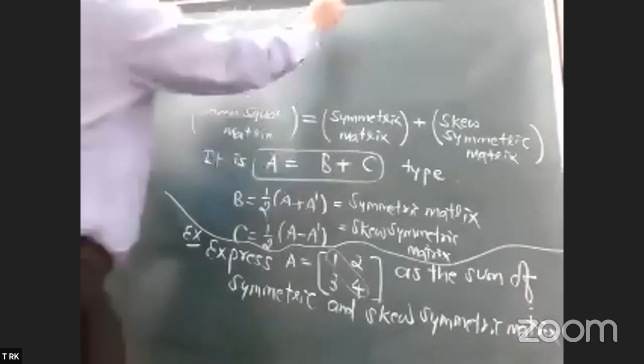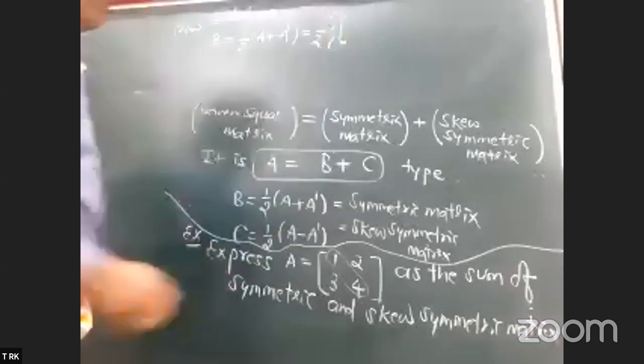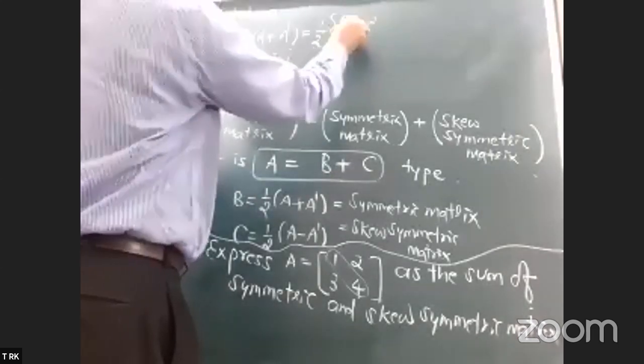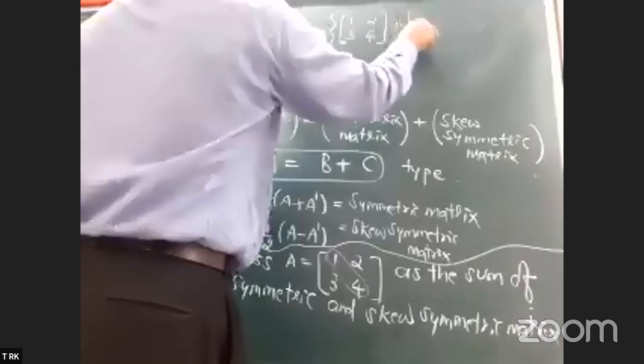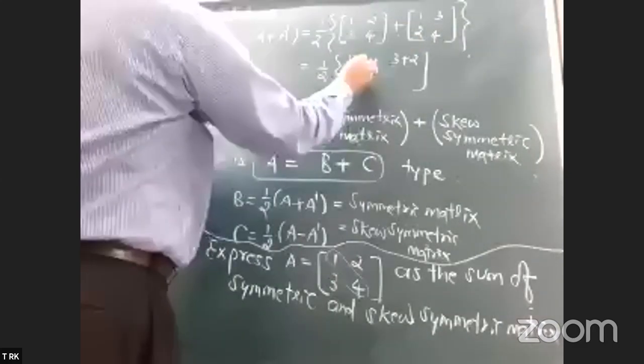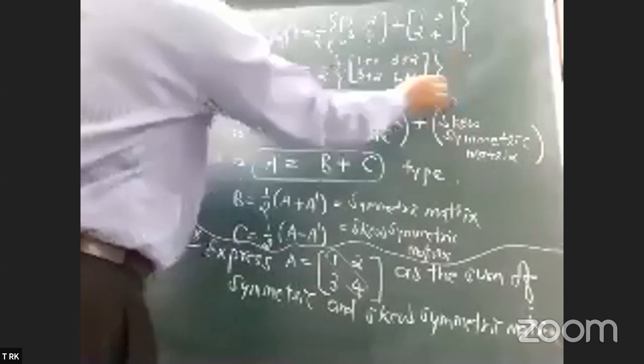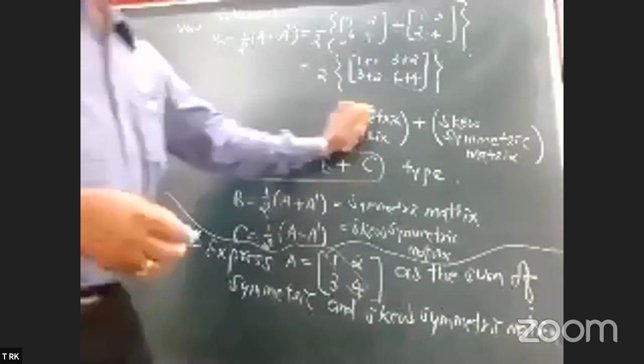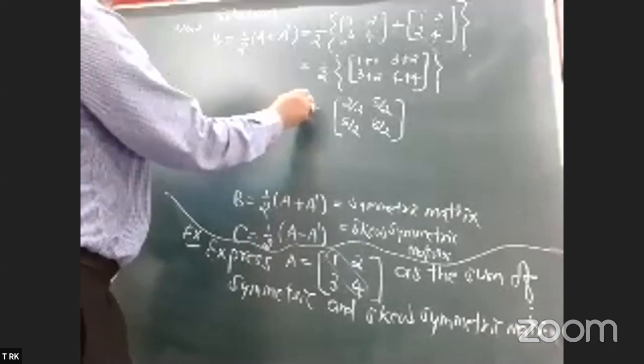It is 1 by 2 into 1, 2, 3, 4 plus A dash, which is 1, 3, 2, 4. So 1 plus 1, 3 plus 2, 4 plus 4. Three plus 3 is 5 by 2.